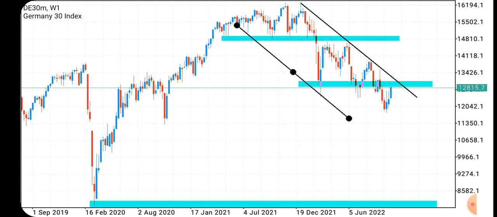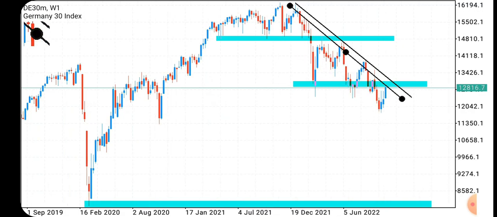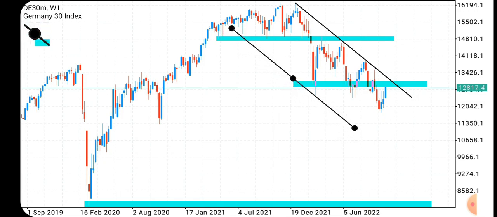On my phone I do not have the clone button that I have on my TradingView, so I need to come to the side and make it exactly the same. I'm doing this to increase my accuracy.